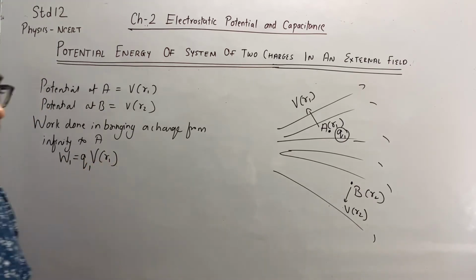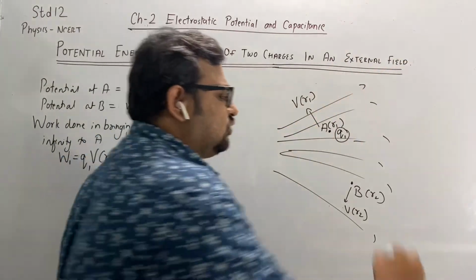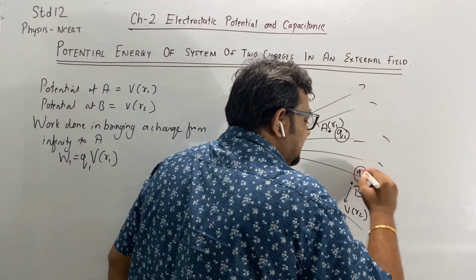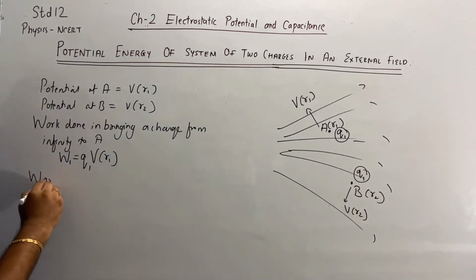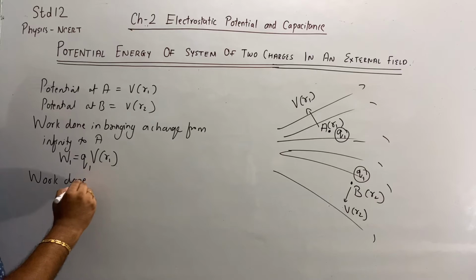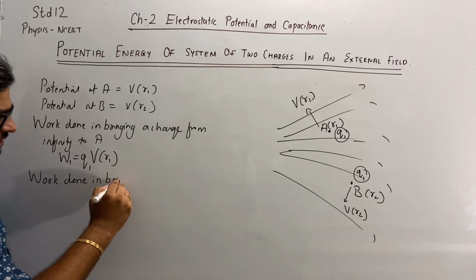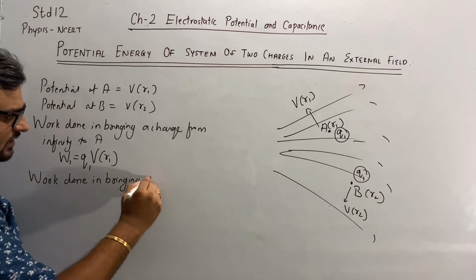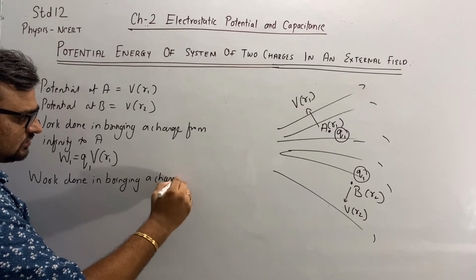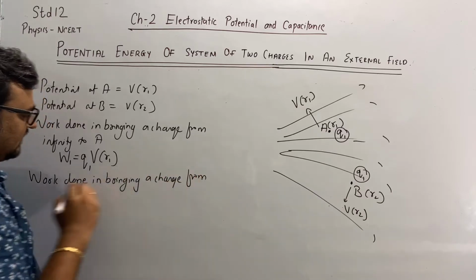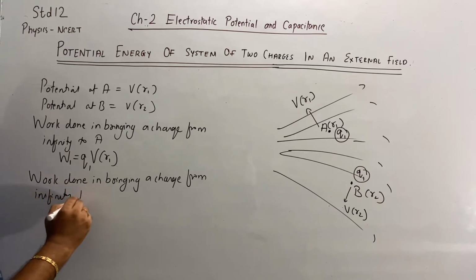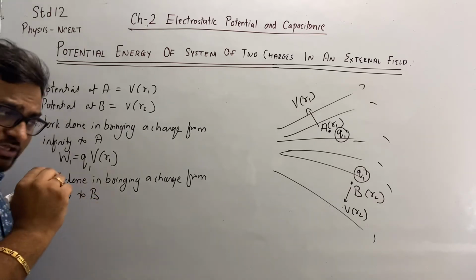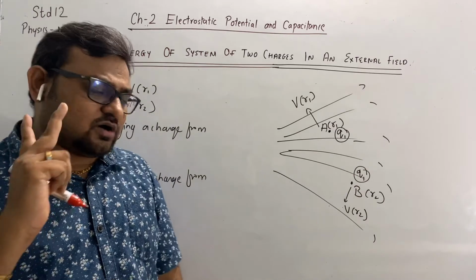Okay. Now let's bring a charge Q2 from infinity to the point B. Work done in bringing a charge from infinity to B. So now there will be two work done.